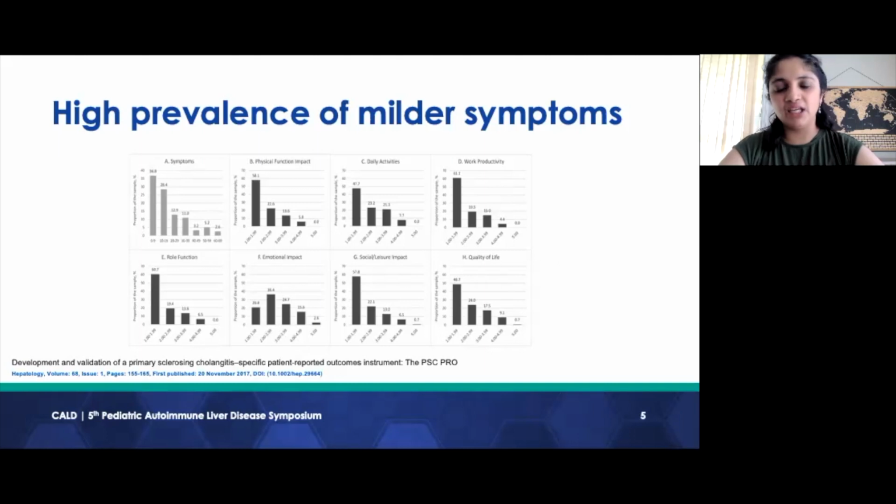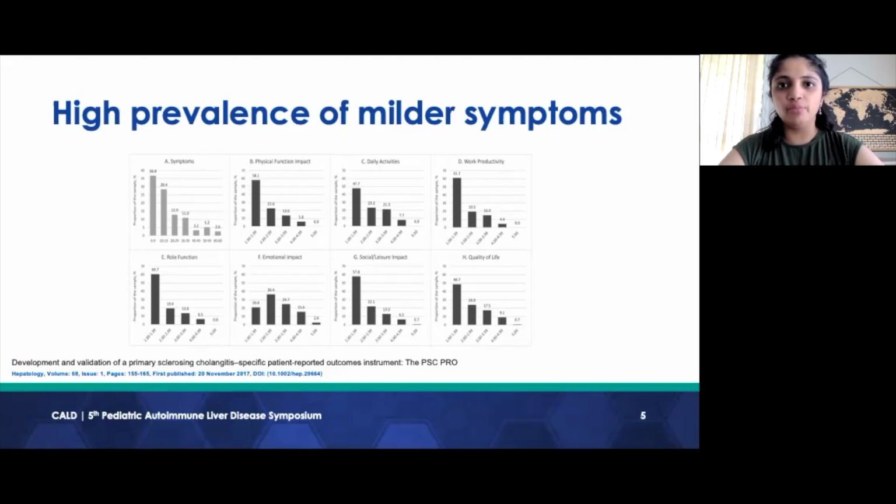The symptoms mainly included things like abdominal pain, discomfort, itching, fatigue, jaundice, difficulty with concentration, nausea, fever, chills, and sweats, and the maximum score was 120. As you can see in this bar chart, A is the representation of scores from this module 1, and it was quite skewed towards the lower side, which means that our patients were relatively well controlled.